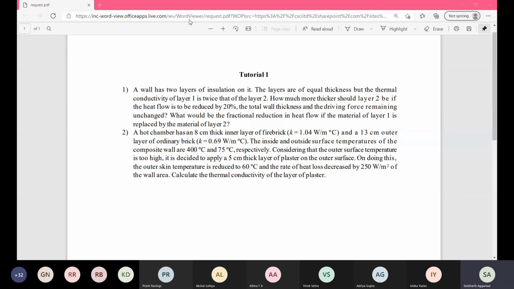That is 1.75 times the length. And to the second part of the first question, the answer is 0.25.